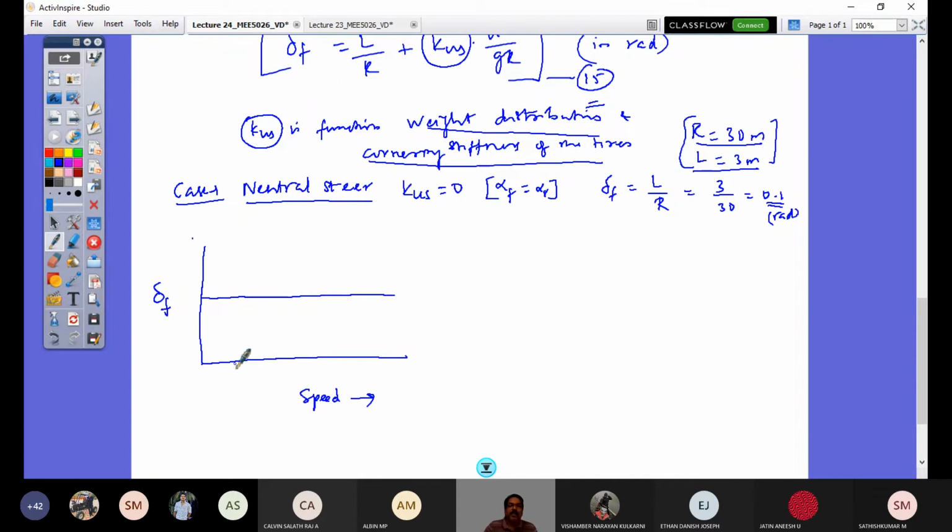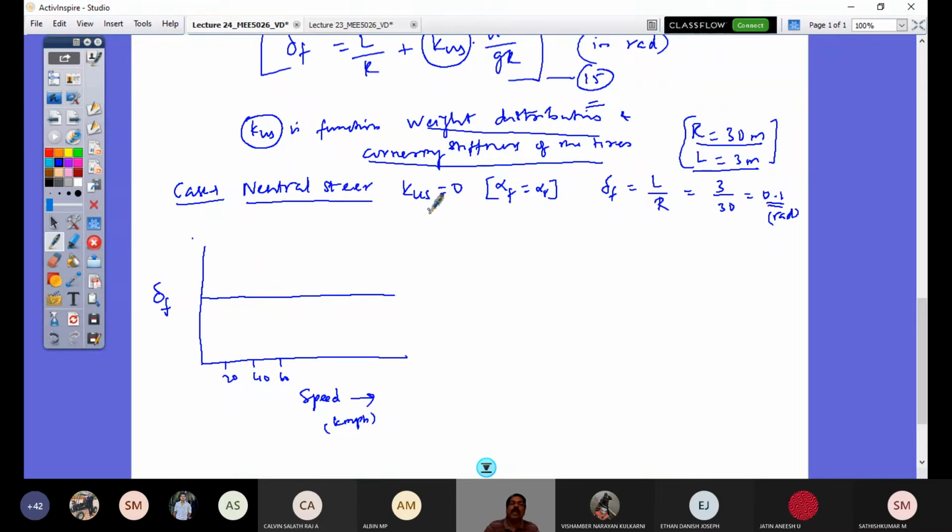If it is incremented, it's 20, 40, 60, all in kilometers per hour, right? I would take my vehicle with this speed and I would see that my steering angle required is not changed. I go with another speed again in a circular path, the steering angle is the same. So that is what can be measured.